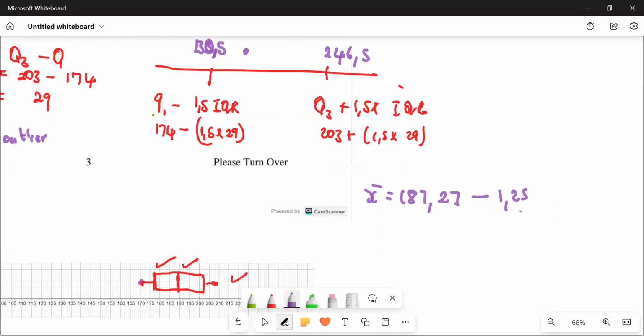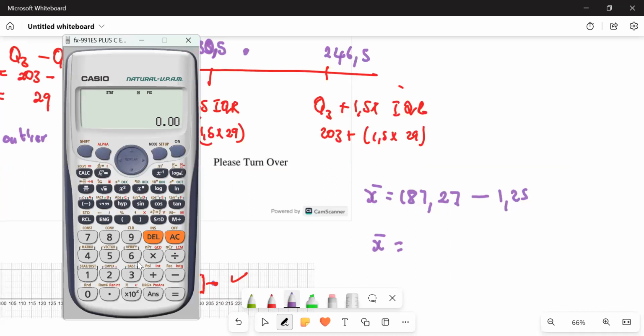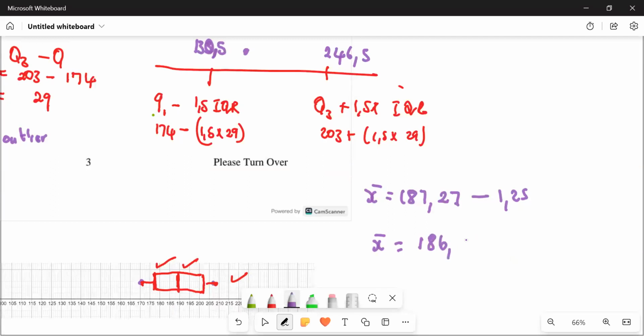What is going to be the new mean of these players? It's 186.02. We give you a mark for getting the new mean with Marvin, not Eben. Again, we took out Eben, so the new mean with Marvin is going to be 186.02.